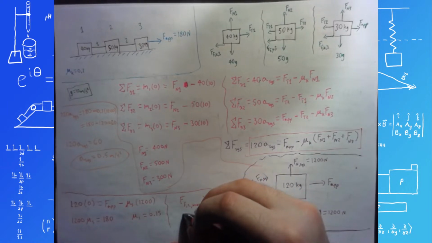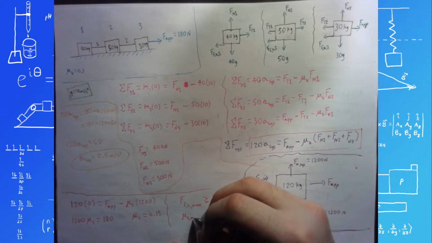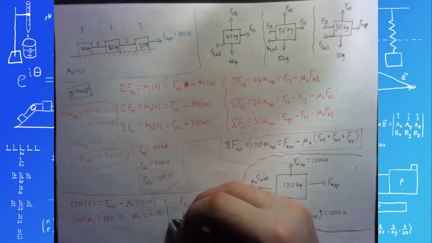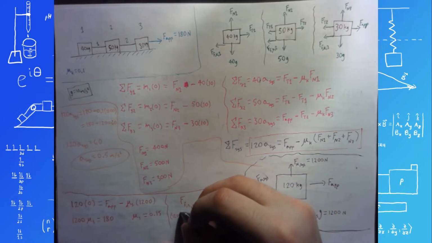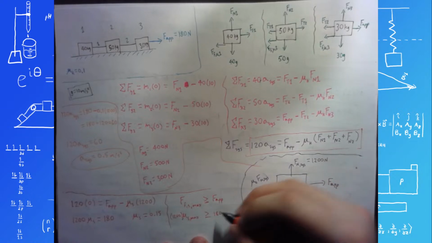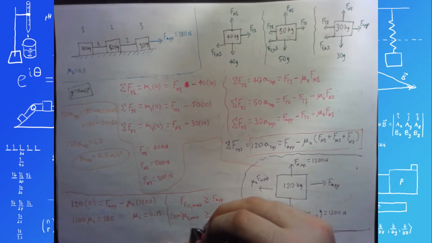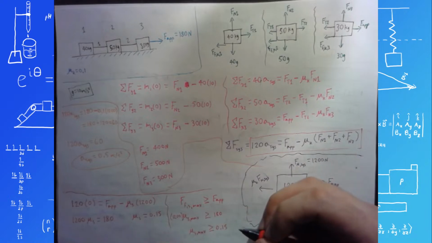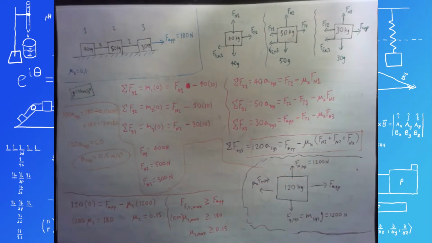So mu static maximum times the normal force of 1200 has to be greater than or equal to 180, and then if you divide, you get mu static maximum has to be greater than or equal to 0.15. So yeah, it has to be at least 0.15.